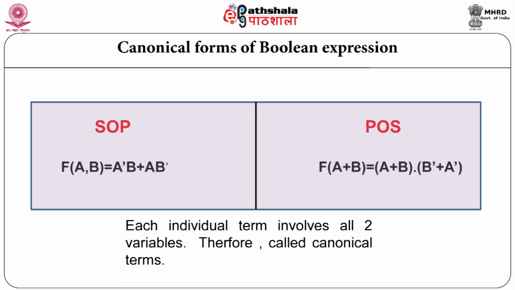Boolean expressions can also be represented in canonical form of SOP and POS. In canonical form, each individual term involves all the variables either in uncomplemented or complemented form. The examples are suitably shown here.